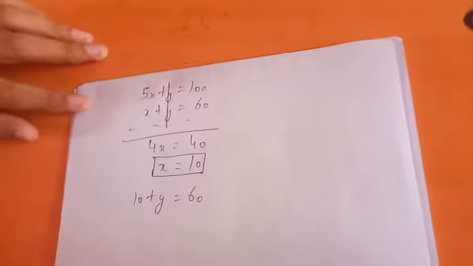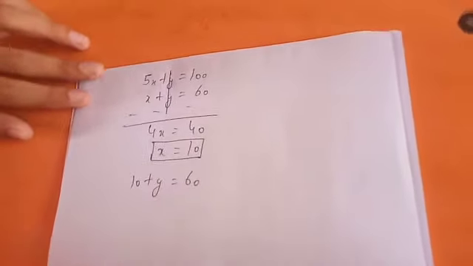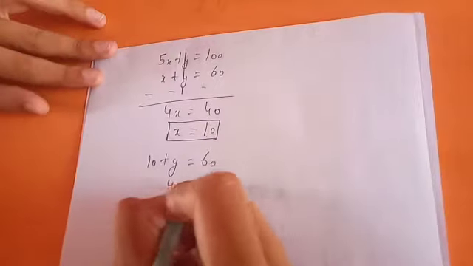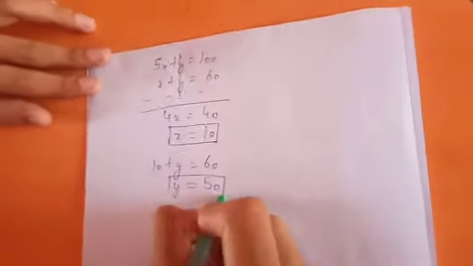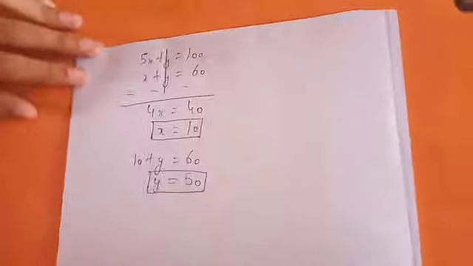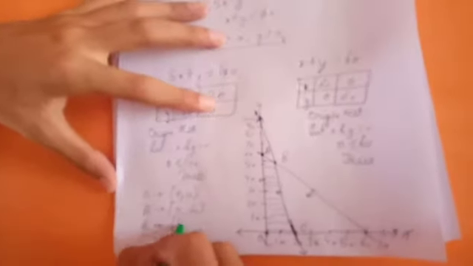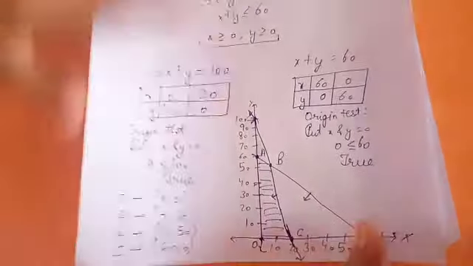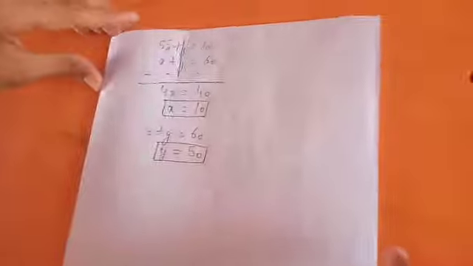I keep the value of x in the second equation, so I get y as 50. Now I found the coordinates of B also, that is 10, 50.